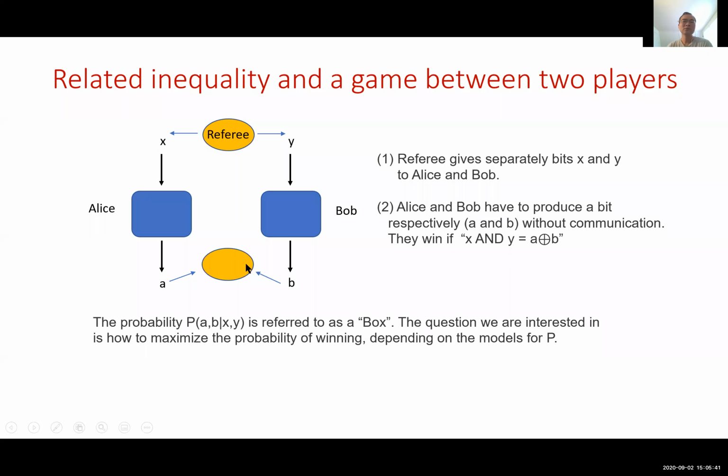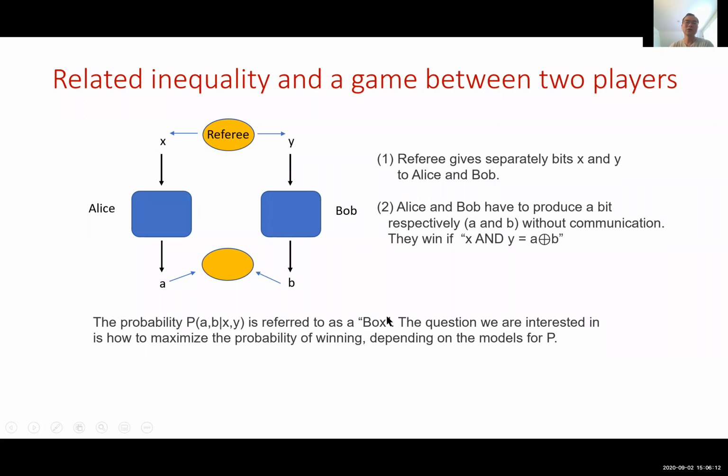So Alice and Bob need to have some strategy, right? That strategy may be described by a probability distribution. If I get X to be some value, Y to be some value, I would produce A and B in some probability distribution. In this context, this is usually called a box.